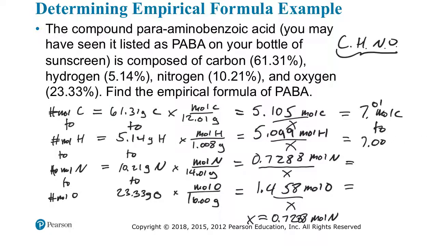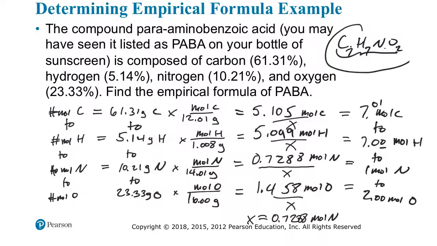The answer should be about within plus or minus 0.05 here. This one's dead on: 7 moles of hydrogen relative to 1 mole of nitrogen relative to 2.00 moles of oxygen. So our formula C7H7NO2 would be our empirical formula for the compound.